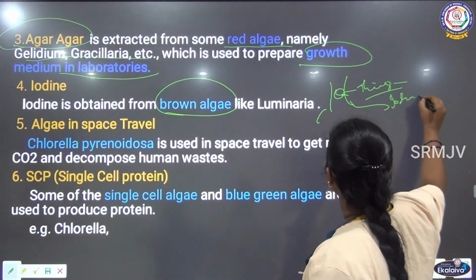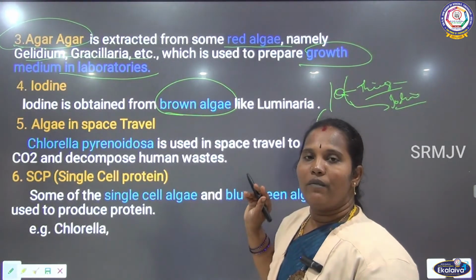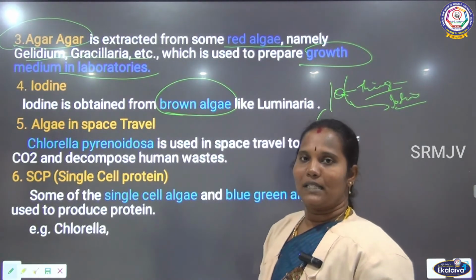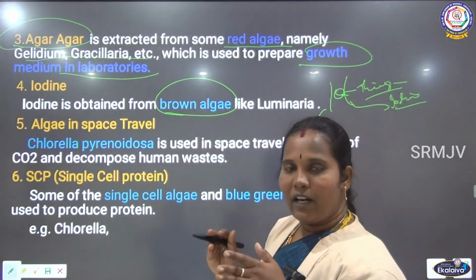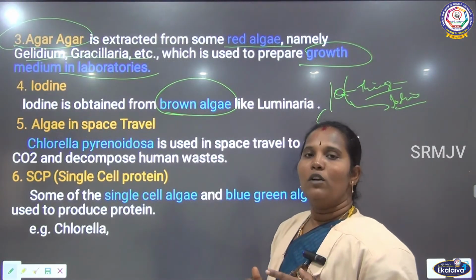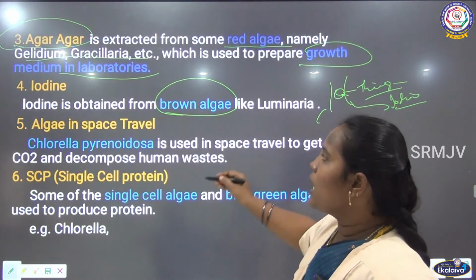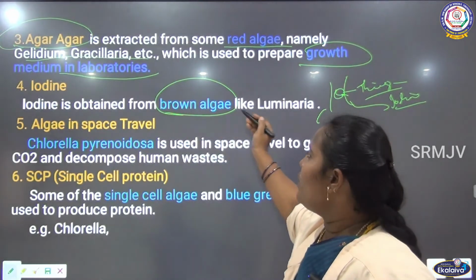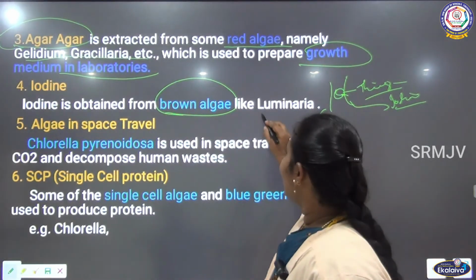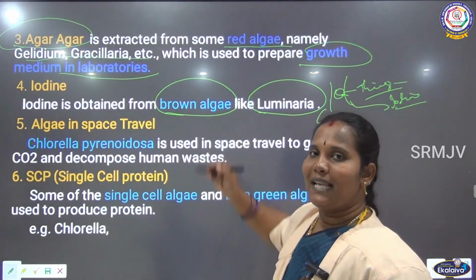This iodine is very important for our metabolism process, for our protein synthesis and metabolism. If there is a thyroid problem, they are getting a lot of diseases. So for this metabolism process they need the iodine. This iodine we get from the brown algae. An example is Laminaria; we are getting the iodine from Laminaria.